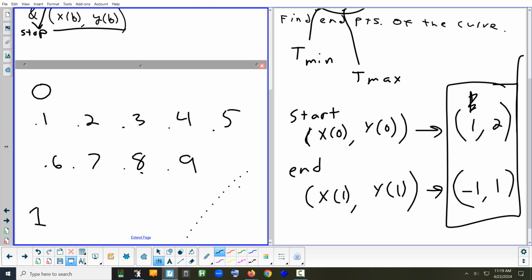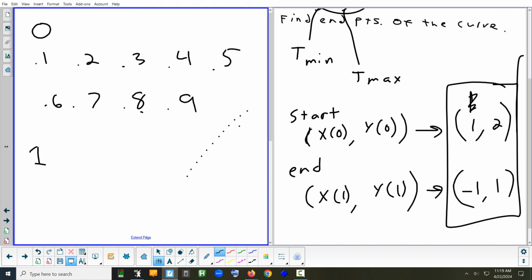For a line segment, it's not as important. Where do you think having more dots would be important? Curve. Yeah. Because if you have a curve, like a circle, and you plot that many dots and then connect them all, it's going to look pretty good.